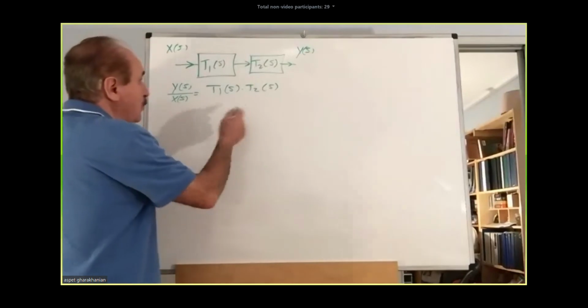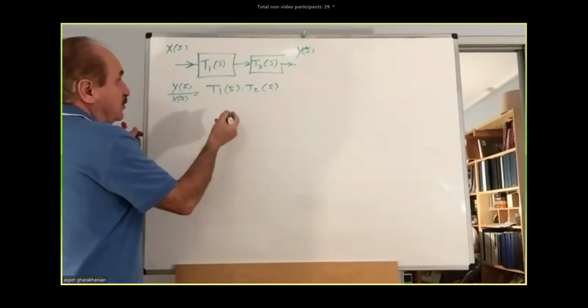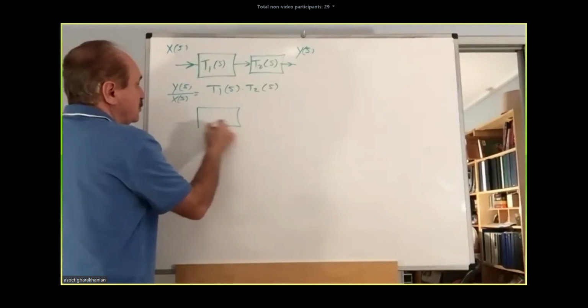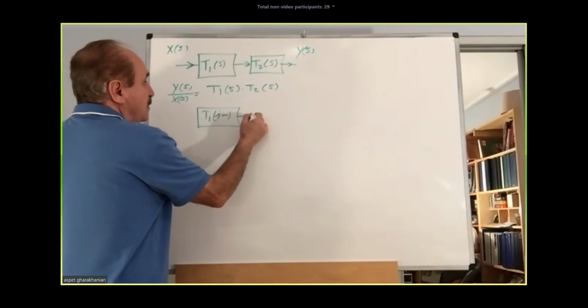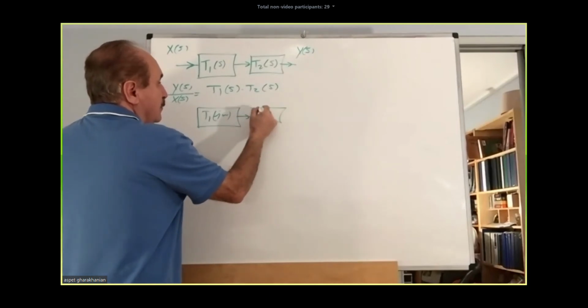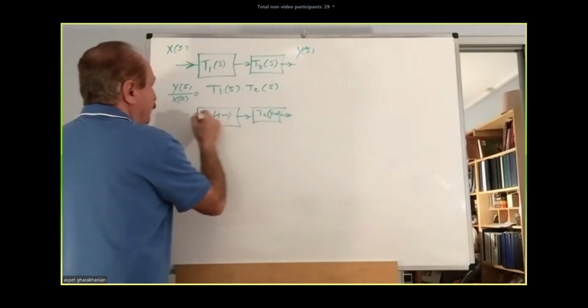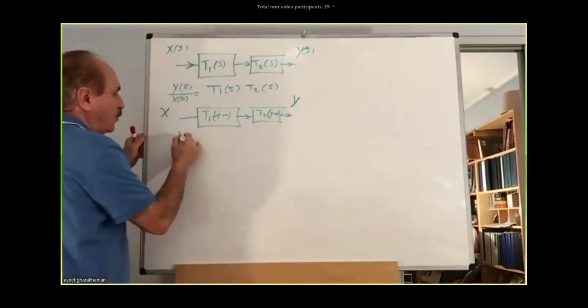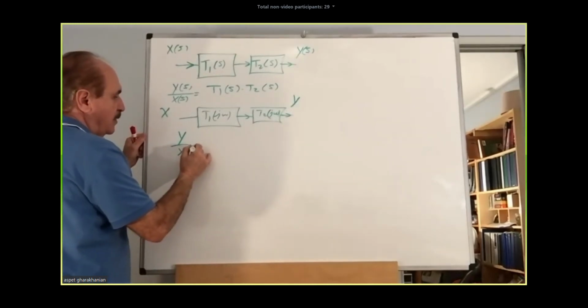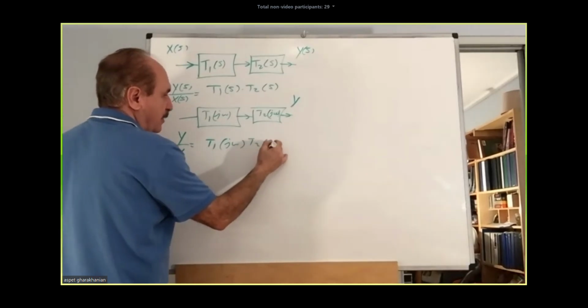Now, if you notice here, in terms of the frequency response, T1 of j omega then needs to multiply T2 of j omega. X and the Y. So Y over X is therefore T1 of j omega times T2 of j omega.